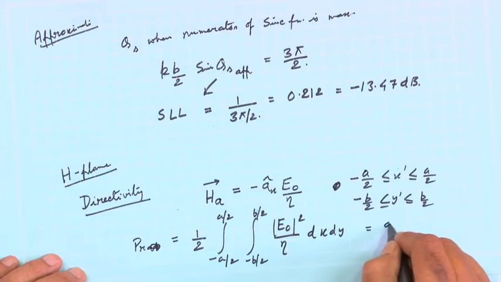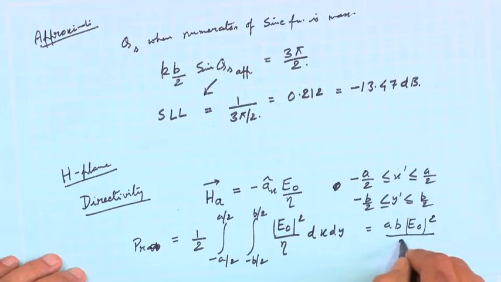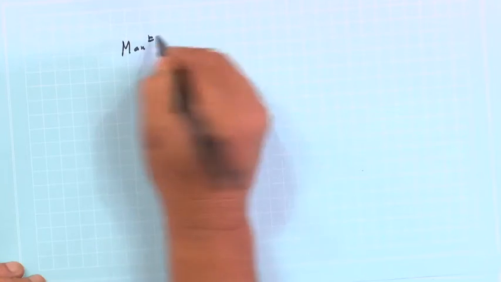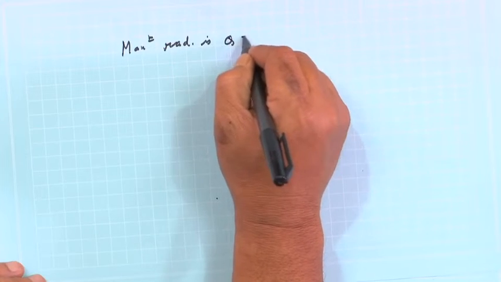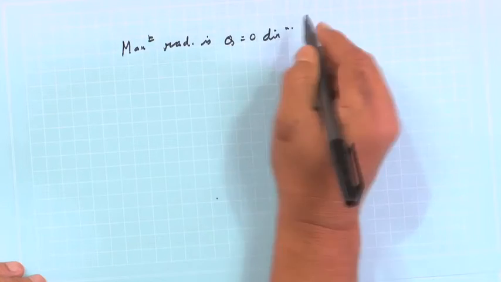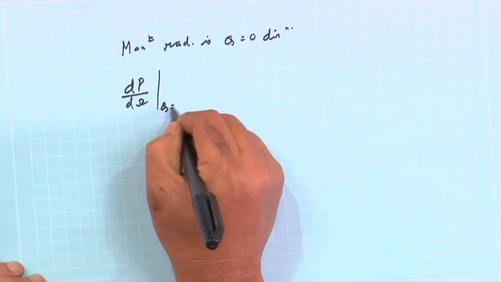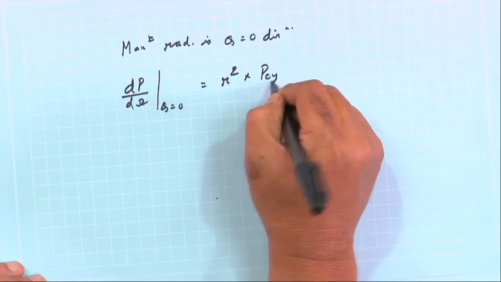So, ultimately it will be a b E naught square by 2 eta, and maximum radiation we know is at theta is equal to 0 direction. So, dP d omega at theta is equal to 0 will be r square into pointing vector.